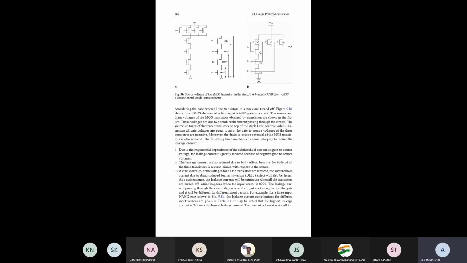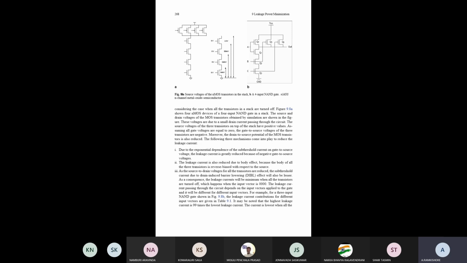Whenever we operate the substrate bias control circuit, the body of all three transistors is reverse biased with respect to the source. Another is that we have to maintain the drain induced barrier lowering effect.